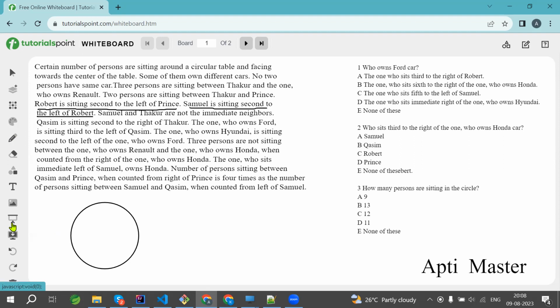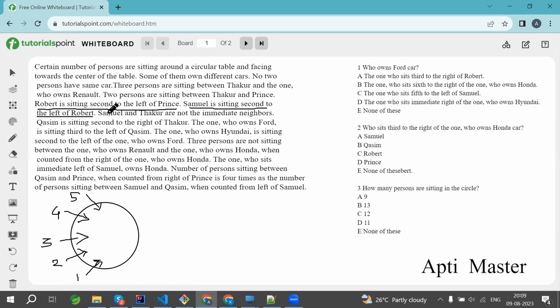Let the positions of the persons be numbered 1, 2, and so on, drawing in the clockwise direction. Suppose this is 1, next is 2, this is 3, next 4, and this one is 5. We don't know now how many persons there are.